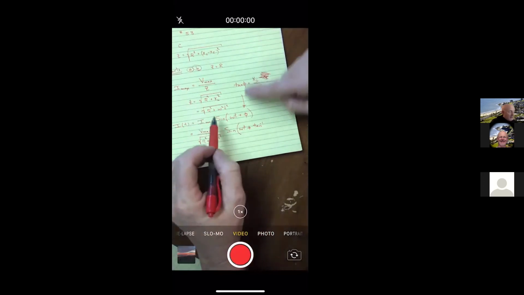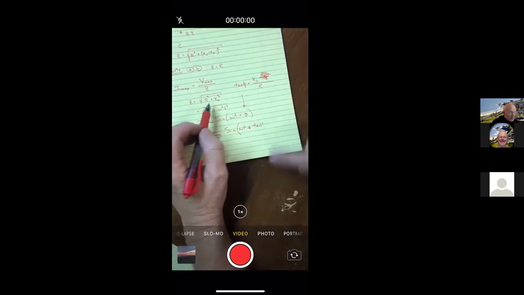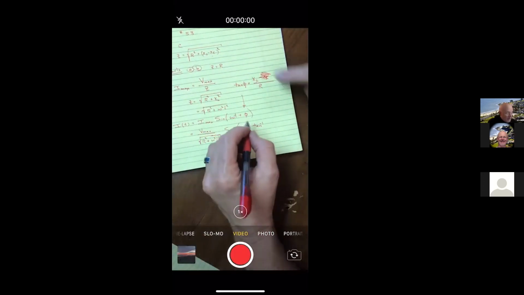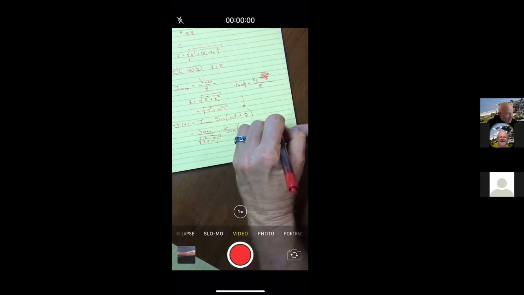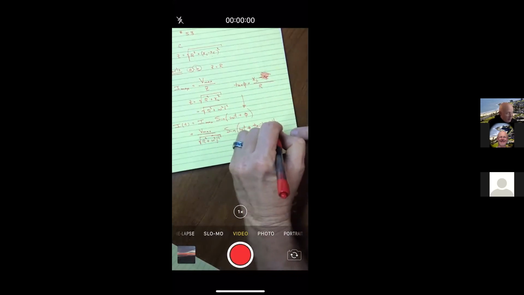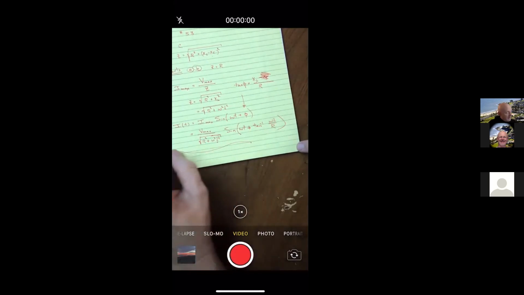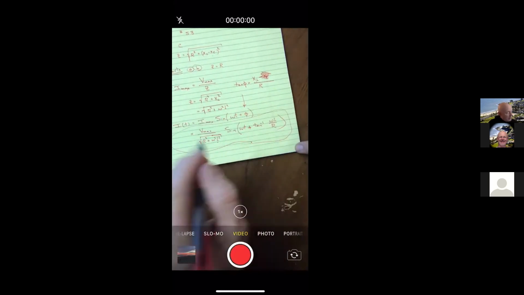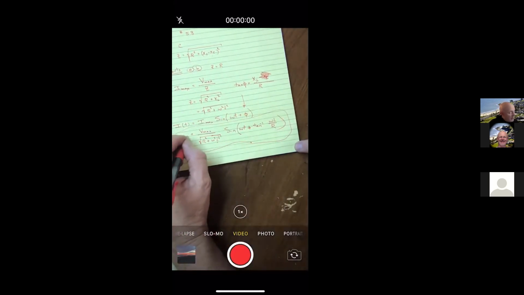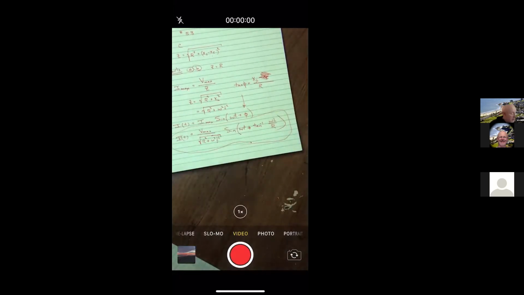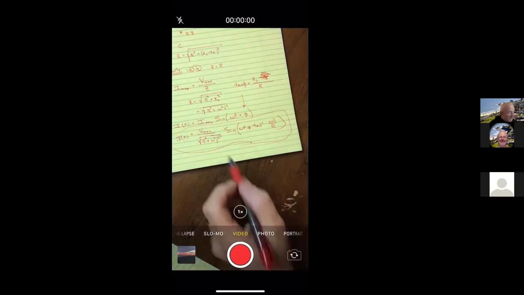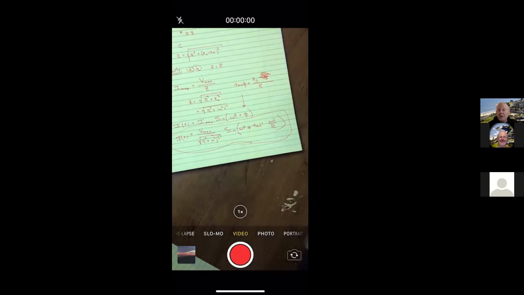That's why we ignored it in that step, and we can ignore it in this step. And then I would have omega L over R. And so that should be the mathematical equation for the current as a function of time for part C.